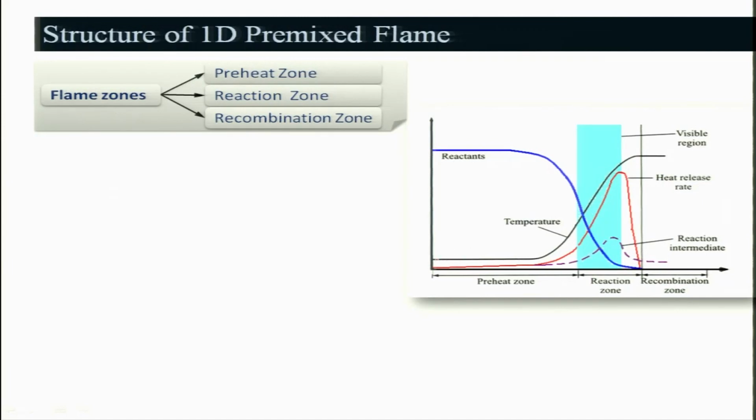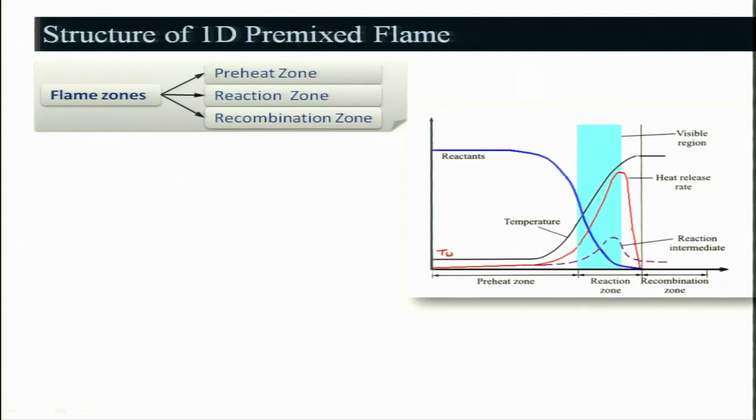This is the temperature profile. TU is the unburnt temperature, and it remains almost constant, but then it starts slowly increasing and goes to a peak temperature.